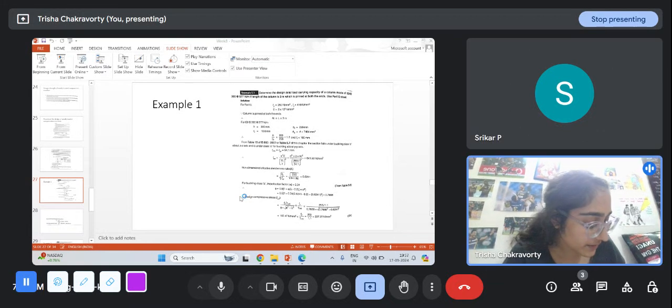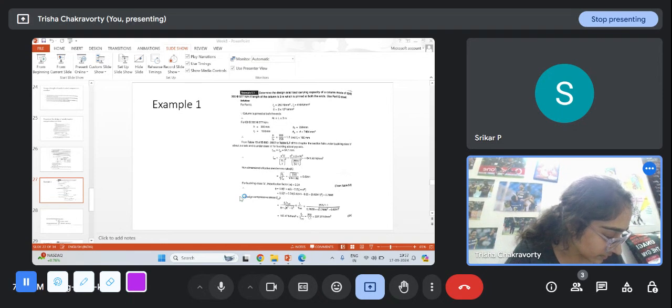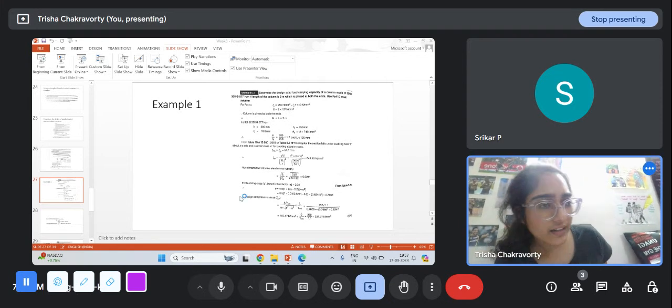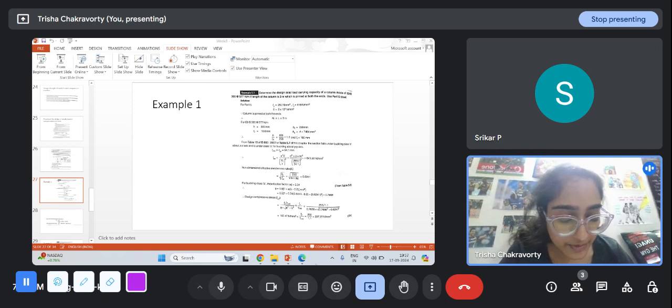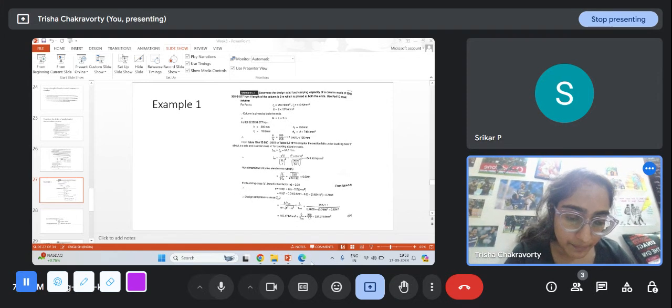Yes, so many factors. I'll write this down. I think for a rectangular section it should probably match. But I will calculate it and see.